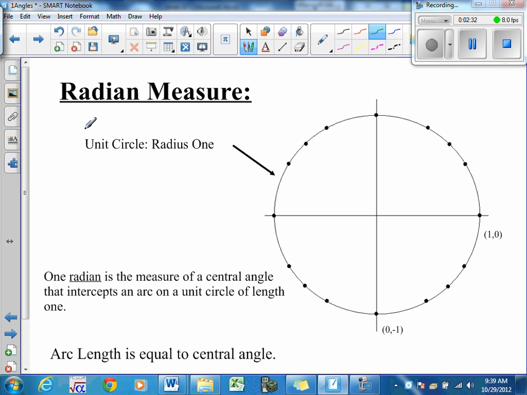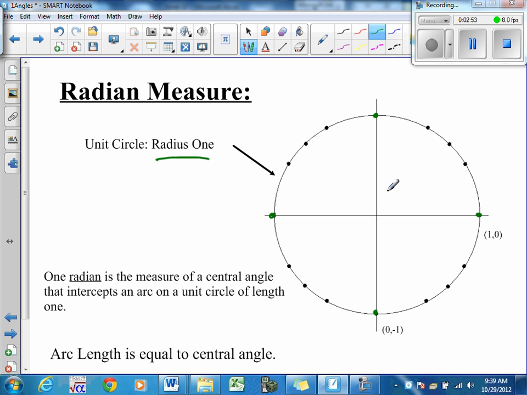Now let me show you where that comes from. First off, we're going to draw a circle. And for right now, don't pay attention to the dots. This circle has a radius of 1. So you can see it goes through the points where it intersects the axes: (0, 1), (0, -1), (1, 0), and so forth.